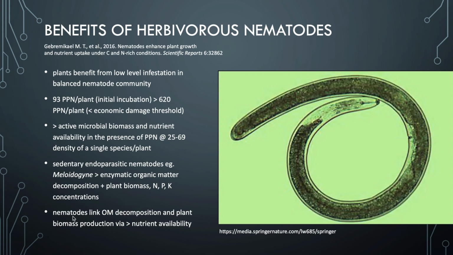What the authors concluded is that nematodes link organic matter decomposition and plant biomass productivity via increased nutrient availability to the plant. So this is where we are stressing that at healthy numbers of plant parasitic nematodes, or herbivorous nematodes, it is actually beneficial for the soil ecosystem and the plants to have these nematodes on their roots.